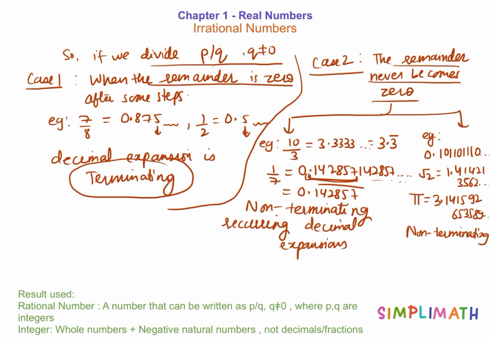And unlike the earlier case, where we always had a block of numbers that repeated itself, here we do not get any numbers which repeat themselves after a certain number of steps. So these are non-terminating and non-recurring, meaning non-terminating and non-repeating. So these numbers are irrational numbers.